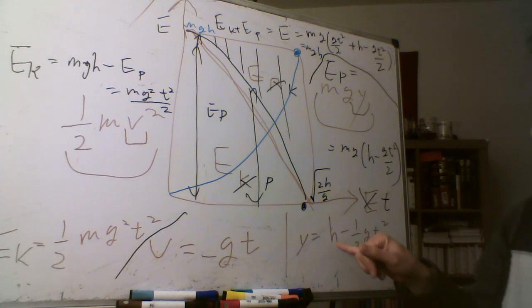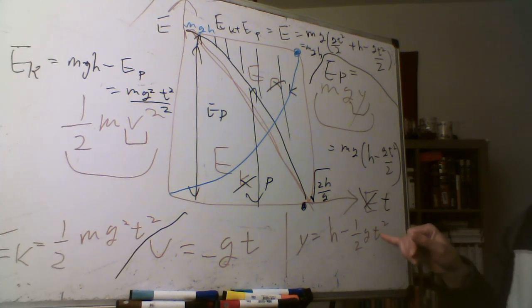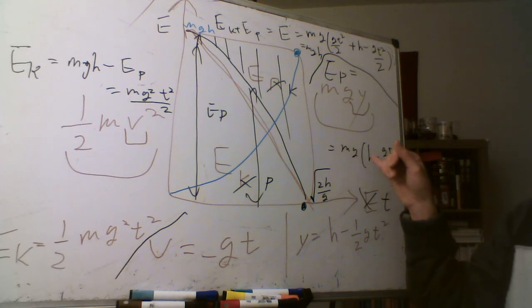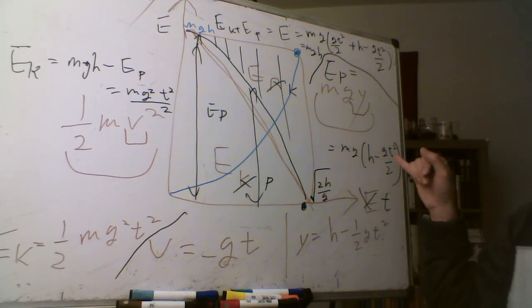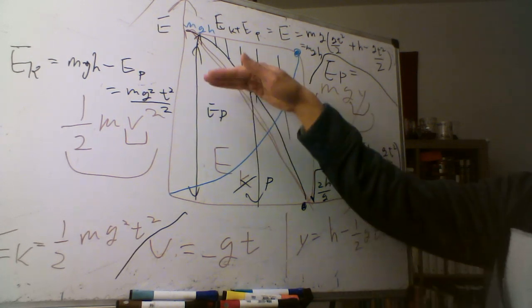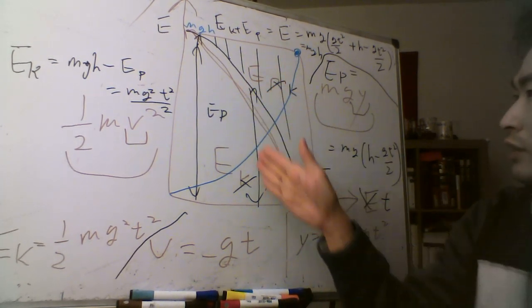And y is equal to h minus 1/2 gt squared. So I just plug that in: mg times parenthesis h minus gt squared over 2, that's mgy. That's potential energy at a given time.